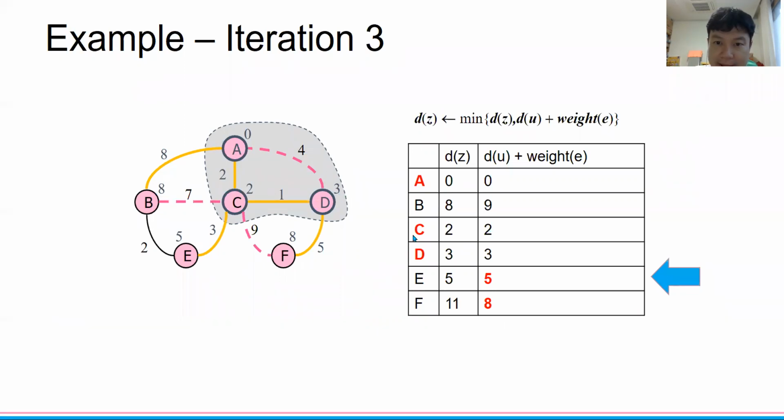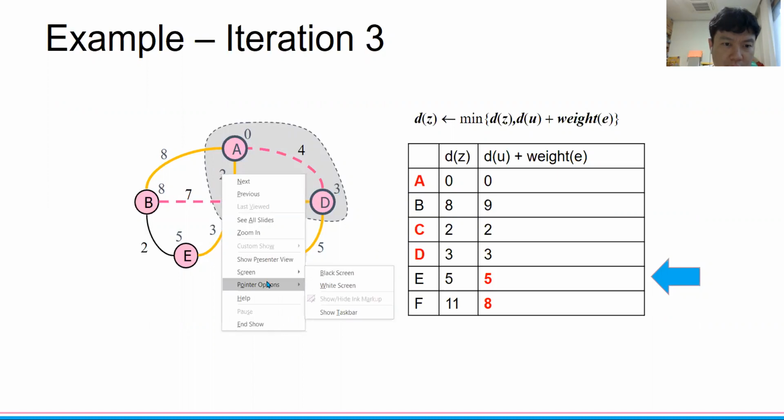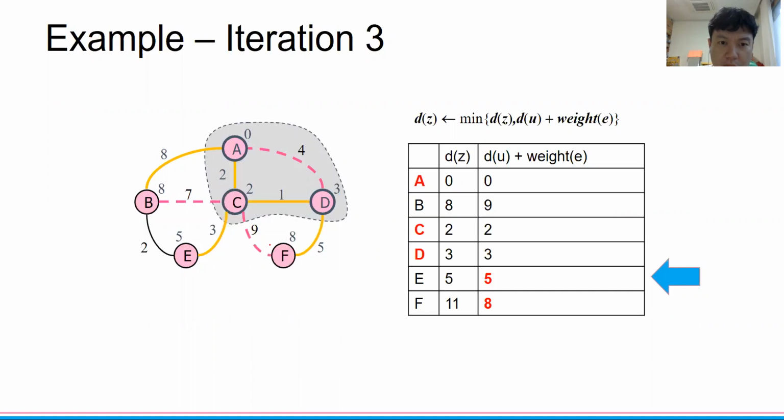And we go to E. E is still 2 plus 3, which is 5. And what about F? We can go this way, or this way.